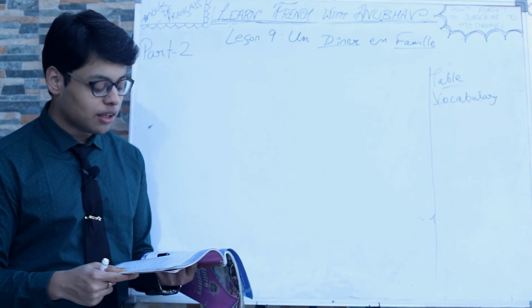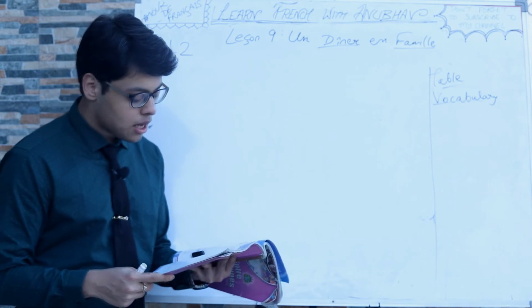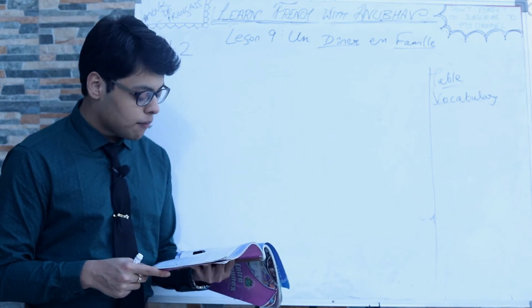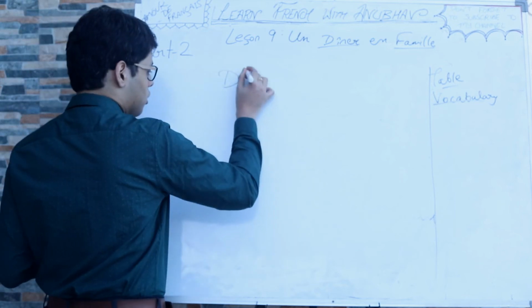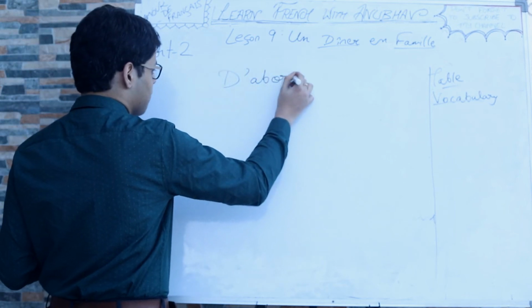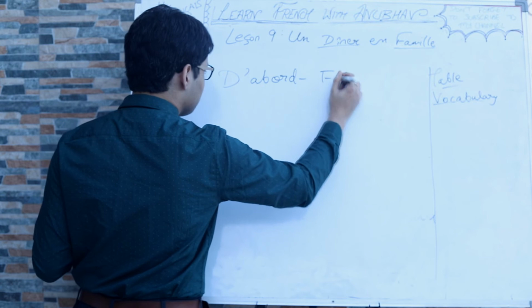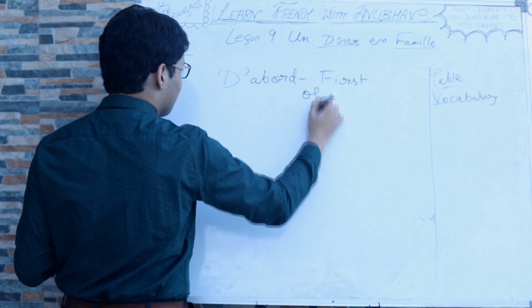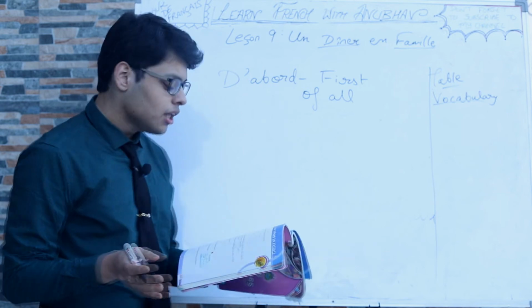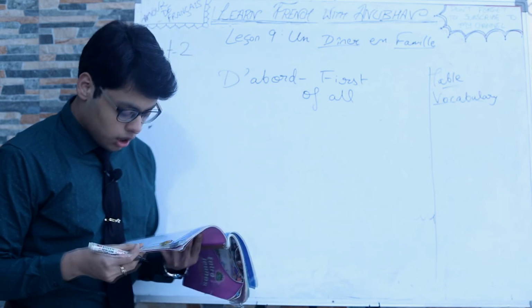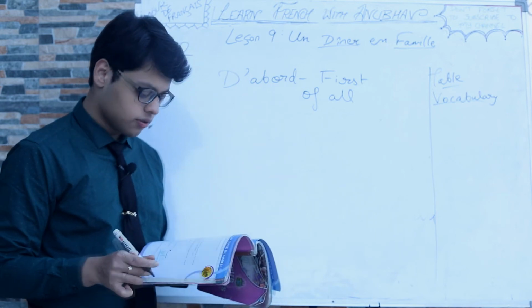Now, what are the steps to make it? Let's see. Method. D'abord, if you remember, we have come across this word several times. First of all, or firstly. D'abord. Mettez le chocolat dans une casserole.